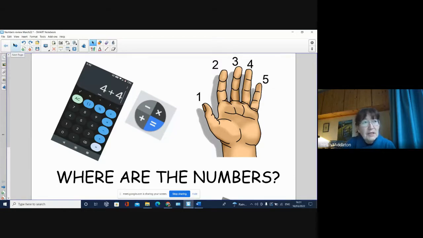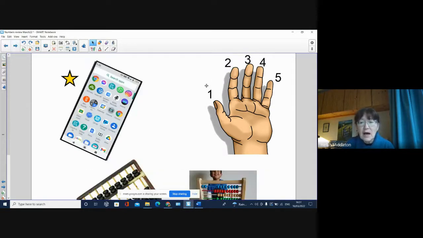Well, when we think about numbers, we count, don't we? I count on my fingers, on my hand. 1, 2, 3, 4, 5. I can count. If the numbers are very big numbers, then I might use an app on my phone.